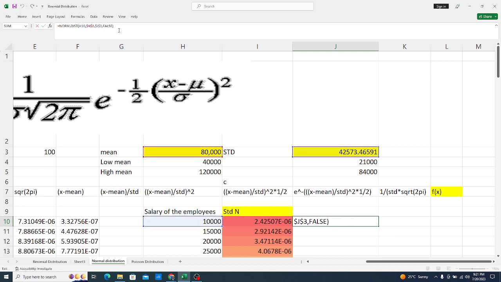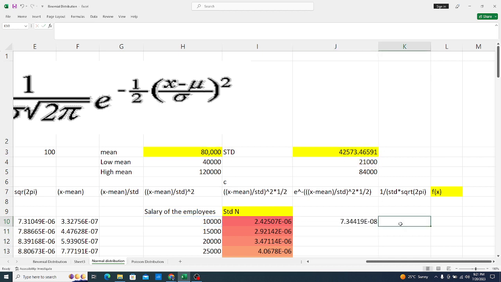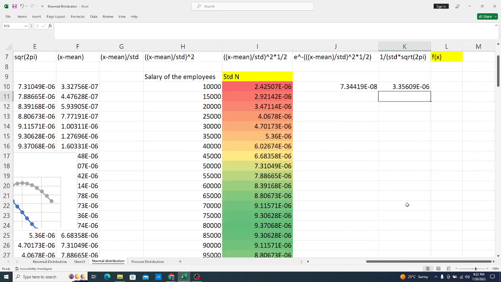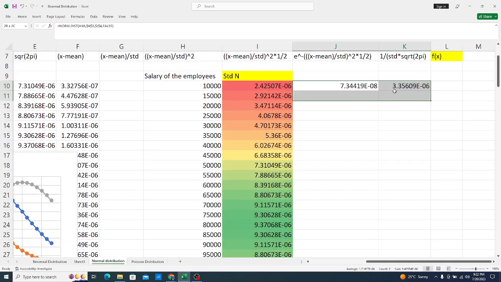So I will have that, and also I will have this. Now you can see we are maintaining the mean as a constant, but we are varying our standard deviation. Then also do the same here. Then after that I'm just going to drag this down.